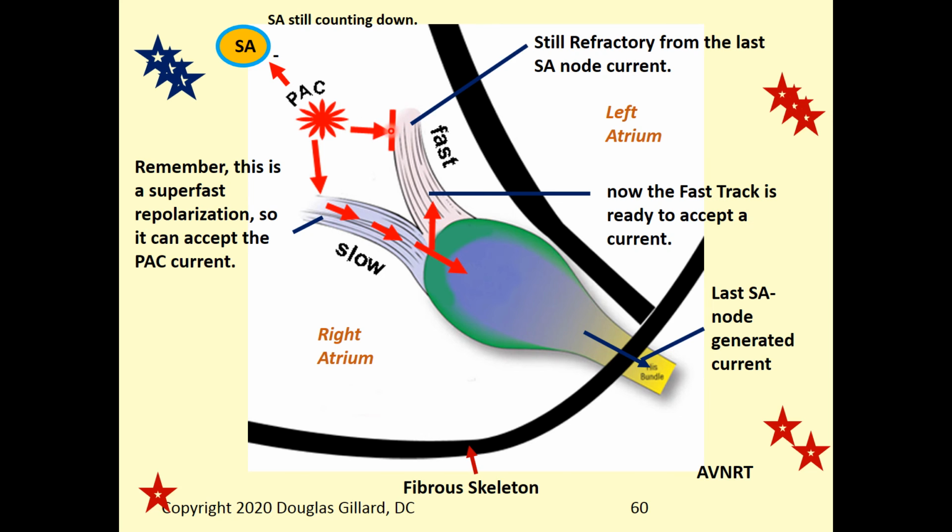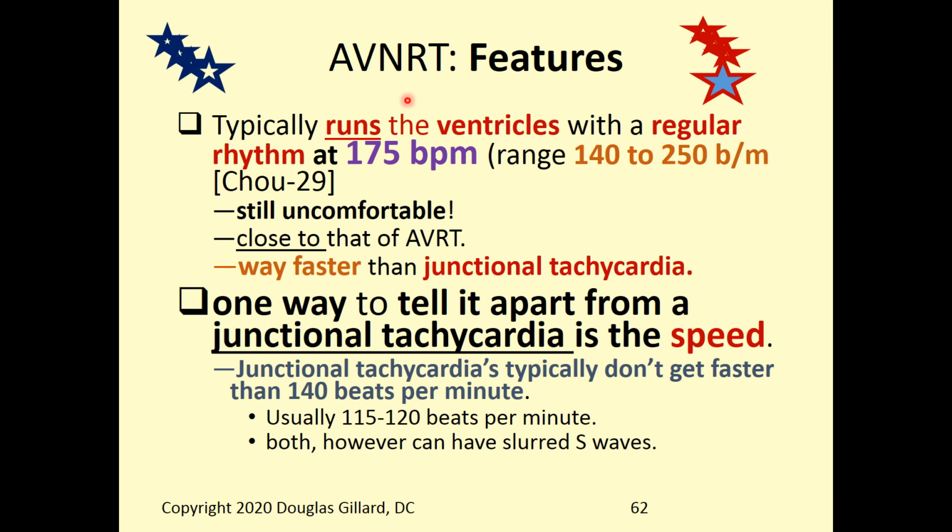Maybe the current made it in both of these tracks like normal, going down the slow and the fast, but a PJC occurred here and snuffed it out. You'd get the same result, right? Anything that stops this current from coming down and doesn't stop the turtle from coming down, if the turtle makes it down, you could get this AVNRT.